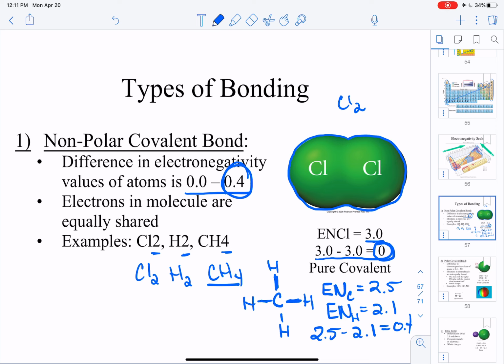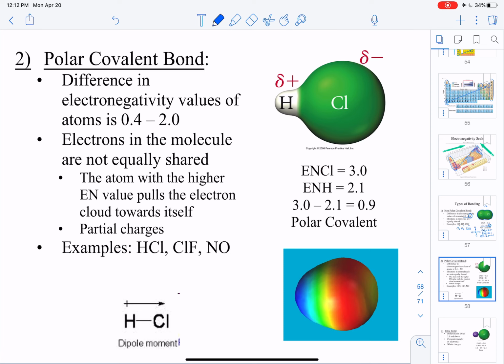And this bond, same thing happening, and this bond, same thing happening. So the electrons in this molecule are not shifted towards any of our atoms more than the other ones. So we've got nonpolar covalent bonds. We don't have poles.